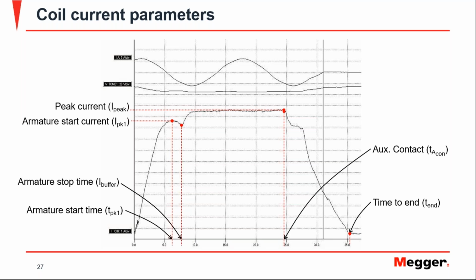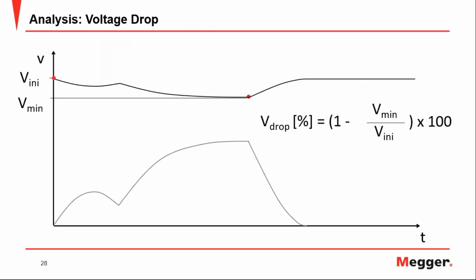All of this is what the circuit breaker analyzer will give you, and it will calculate parameters from here. One thing you can calculate is the voltage drop in percentage. You know that coils have a minimum operating voltage, so if the voltage is dropping too much, you can start detecting that.